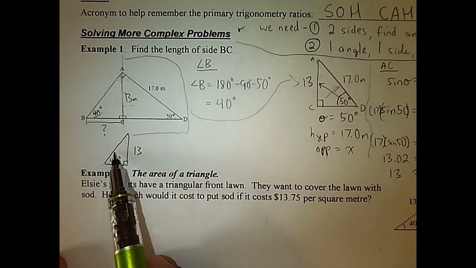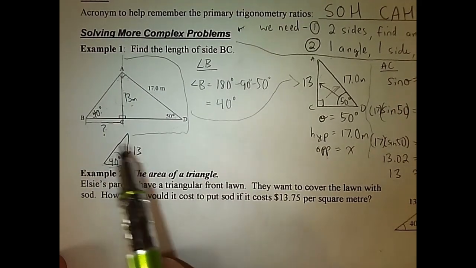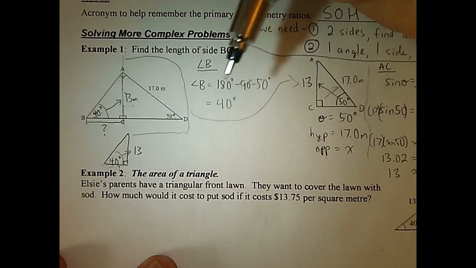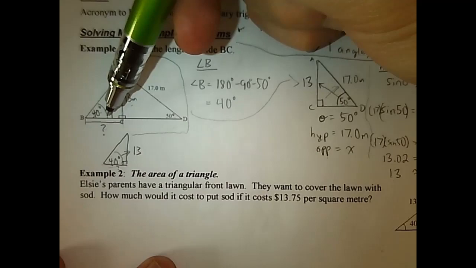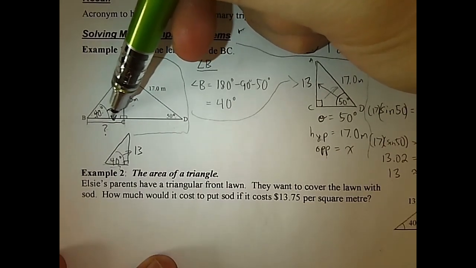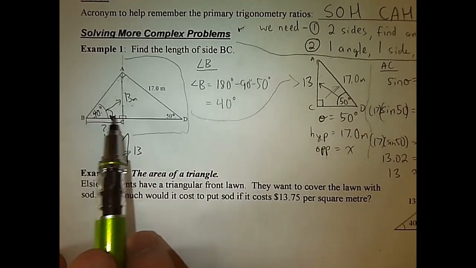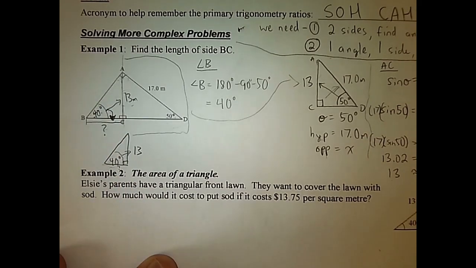So I know that I have the opposite side. If you want to look at the big diagram, I know I have the opposite side here, and I'm trying to find this side, the side at the bottom. It's not the hypotenuse, because it's not opposite the 90-degree angle, so it has to be the adjacent side.